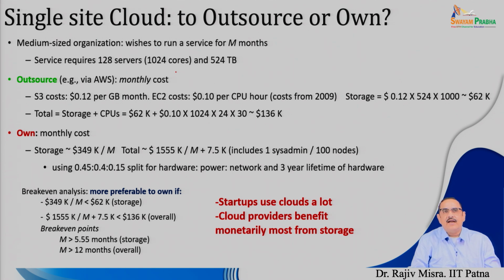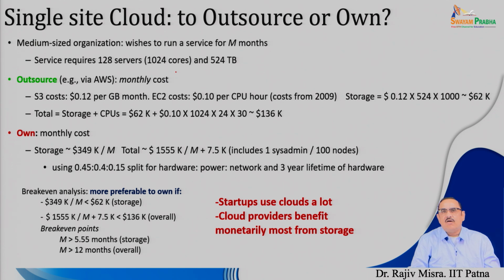Now, let us say that you lease through the public cloud services via AWS with monthly billing. S3 costs, let us say, $0.12 per GB month, and EC2 costs $0.10 per CPU hour.